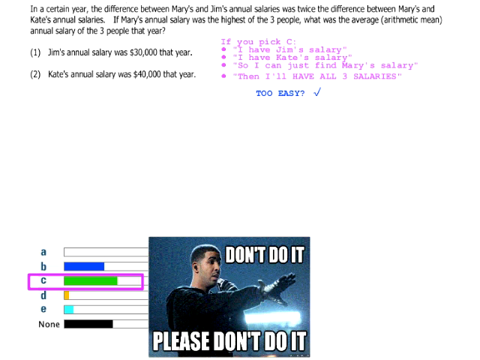Too easy is kind of a subjective criterion, but if you don't have a sense of what too easy is, then go to the problems in the very beginning of the official guide and just look at them, because even those problems are not going to be anywhere near as easy as C would be here. C would be just like, okay, there's a $10,000 difference, so therefore Mary makes $40,000 plus $10,000. That's much easier than anything that's even in the very, very beginning of the OG.